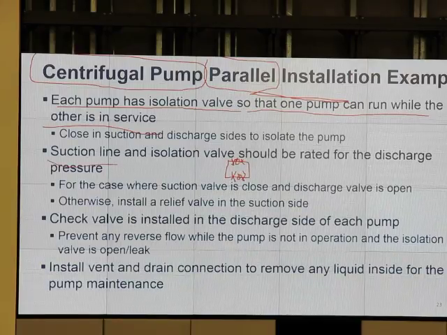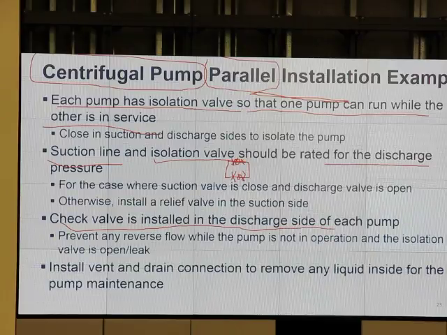Okay. Suction line and isolation valve should be rated for the discharge pressure, of course. We need to look at the discharge pressure of the pump, and the pipe should be able to withstand that. A check valve is installed at the discharge side of each pump. Check valve means flow in one direction.